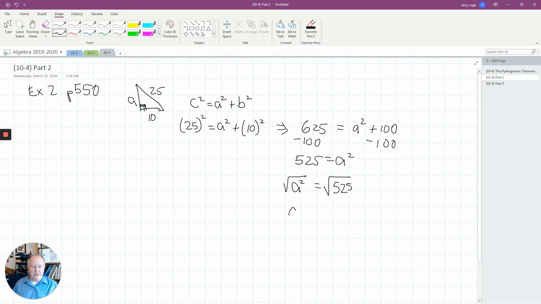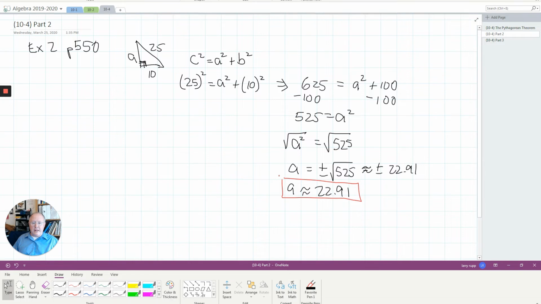All right, so A is equal to plus or minus the square root of 525, which is around plus or minus 22.91. Okay, so since A cannot be negative, A is approximately equal to 22.91. There's our answer for the length of the leg A.